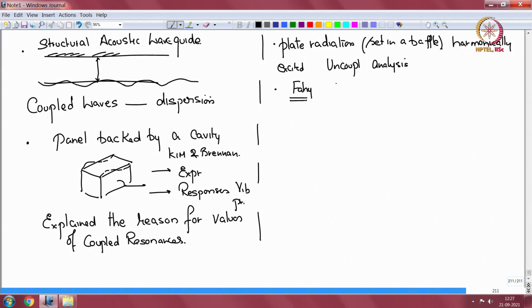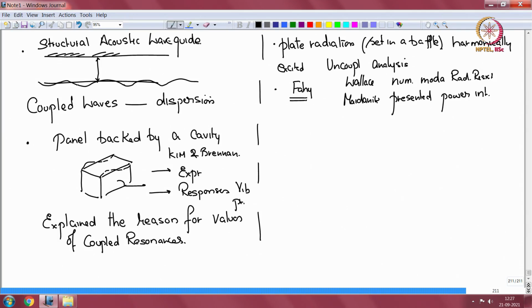Then we looked at papers by Wallace, who numerically computed modal radiation resistances. Then we looked at a paper by Majdanek, who presented a power integral in a unique way.